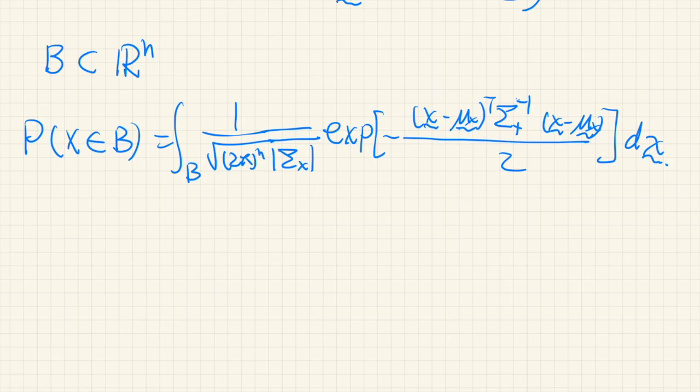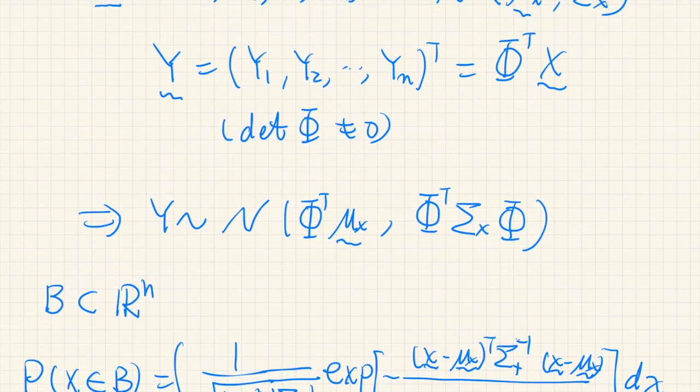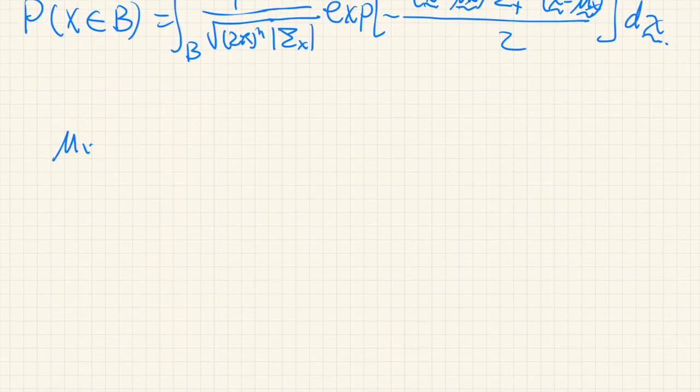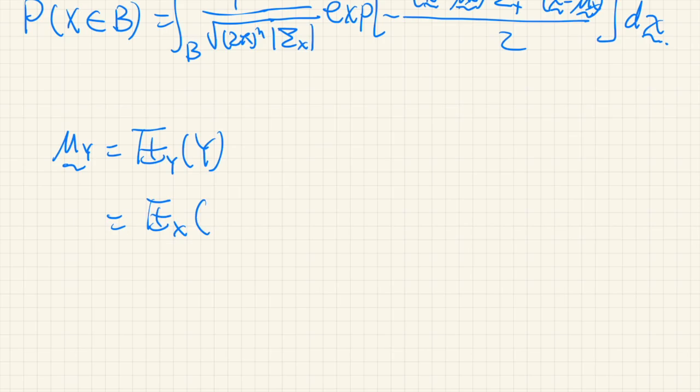Now, let's calculate the mean and the covariance of the new random vector y. So random vector y is defined by this linear transformation, and let's use that. So the mean of y is the expectation value of y, and the distribution is, of course, the distribution of y, right? And since we are using linear transformation, we have the expectation value of phi transpose times x.